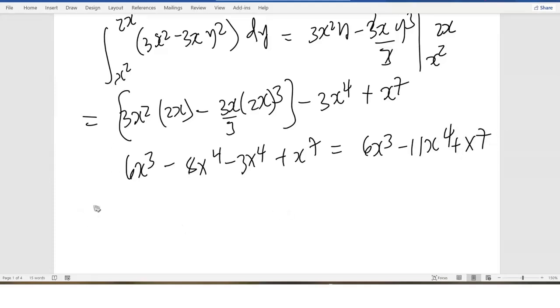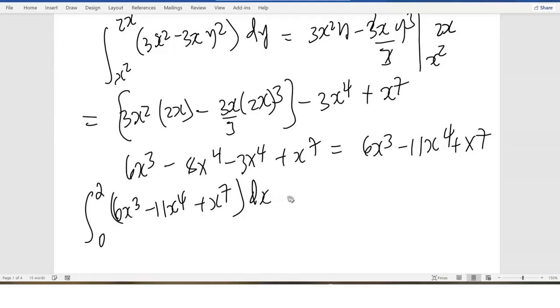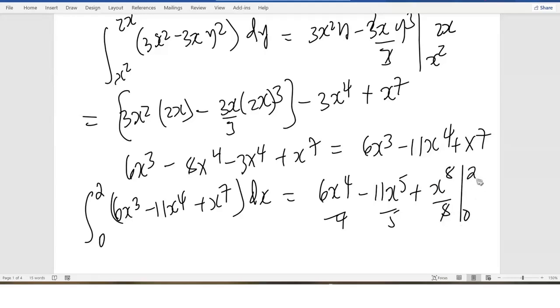Then I come again and integrate from 0 to 2 of 6x cubed minus 11x to the power 4 plus x to the power 7 with respect to x. So what is this going to give us? It's going to give us 6x to the power 4 out of 4 minus 11x to the power 5 divided by 5 plus x to the power 8 out of 8, from 0 to 2.